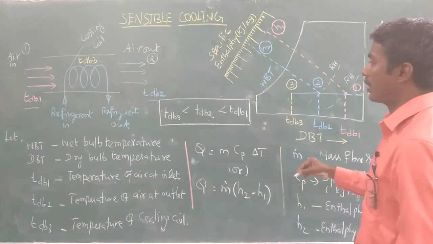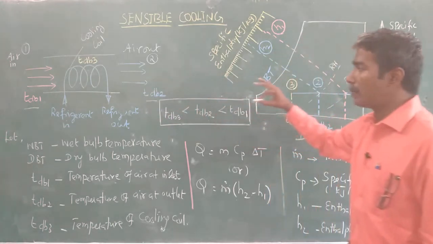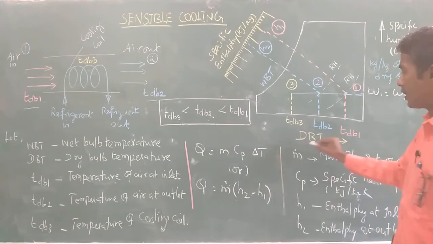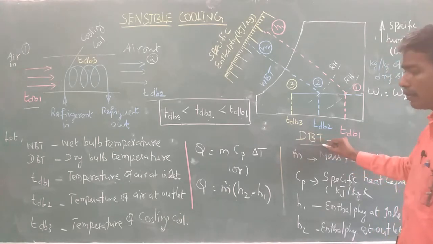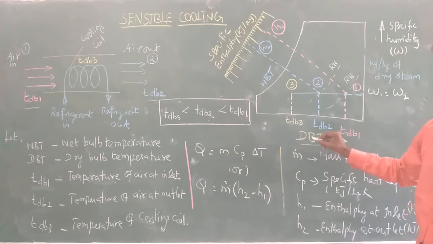Now we are going to represent these temperatures in the psychrometric chart. In the x-axis we have taken dry bulb temperature. DBT means dry bulb temperature, which you can measure with a normal thermometer.